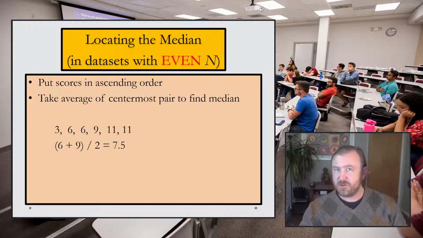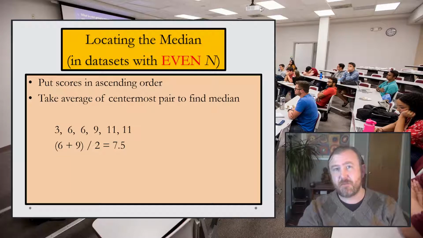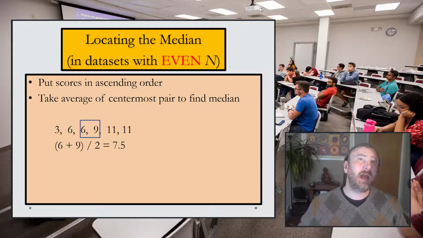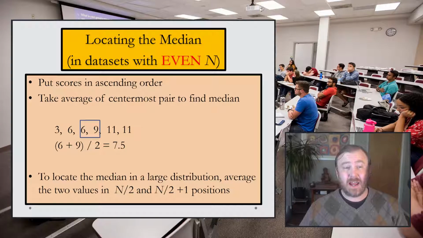You can see we have 2 below and 2 above. We divide by 2, so we have a median of 7.5 for this data. In a large distribution, you average the values in the n divided by 2 and n divided by 2 plus 1 positions.